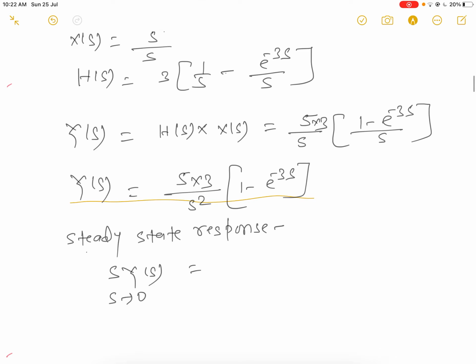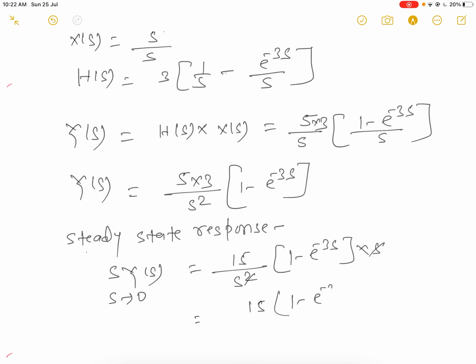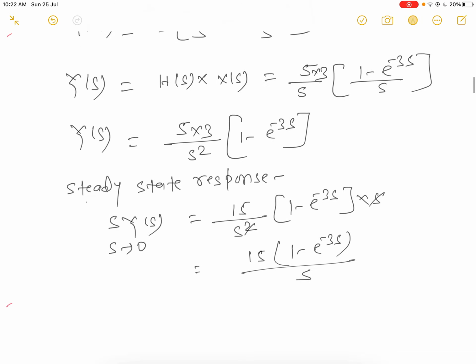Then 15 by s squared times (1 minus e to the power minus 3s) into s. S cancels out and we get 15 times (1 minus e to the power minus 3s) upon s. When you put s equal to 0, what will happen? It becomes 0 by 0, so undefined.